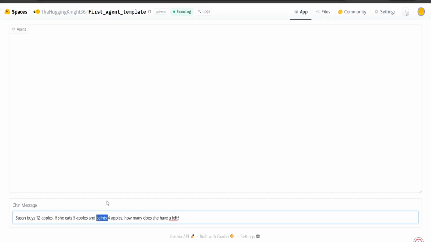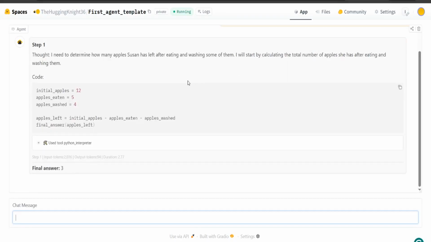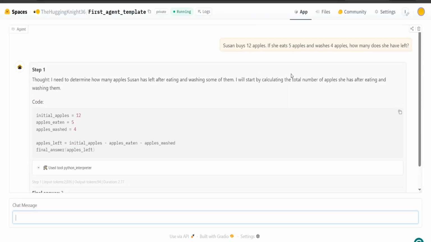Okay, so what if instead of painting 4 apples, she washes 4 apples? Okay, I think this should work. We're giving it an easy problem. Okay, I thought this would have worked.